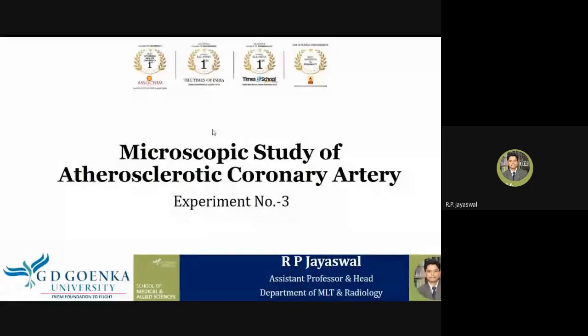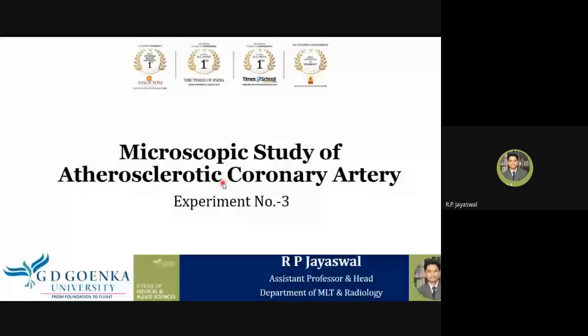Okay. So this is the third experiment. The aim of the experiment is microscopic study of atherosclerotic coronary artery. Microscopic study means here the coronary artery, which is not normal, which has atherosclerosis changes.